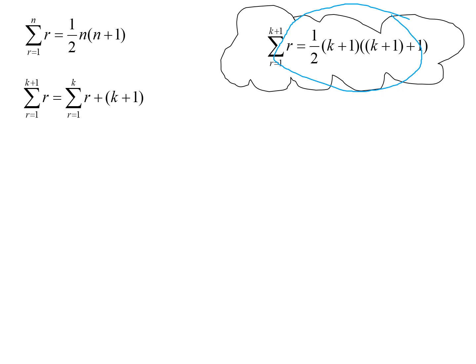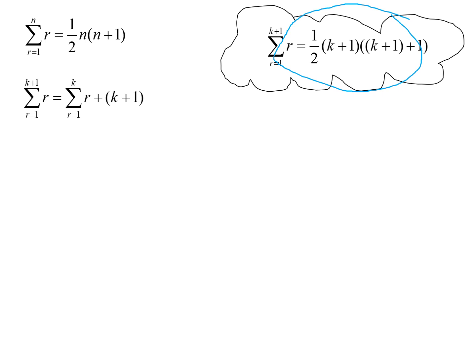Total sum of 6 terms is equivalent to the sum of the first 5 terms plus the 6th term. That's what we are doing here. So we are representing the 6 terms as k plus 1 and the 5 terms as k.